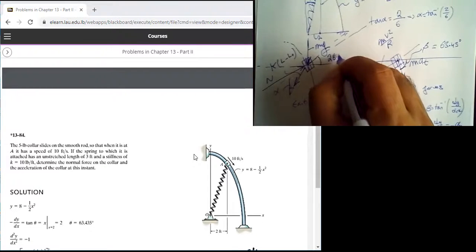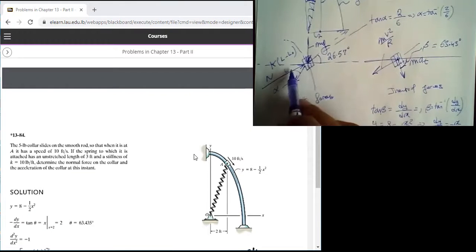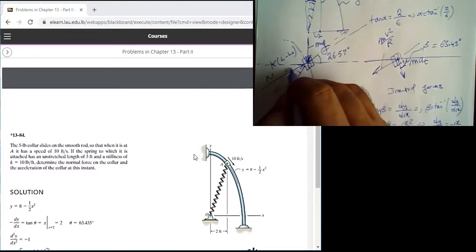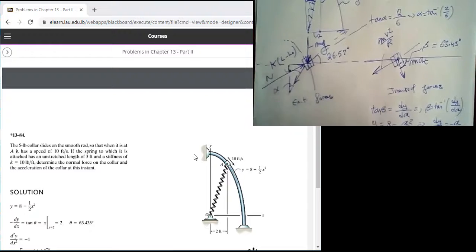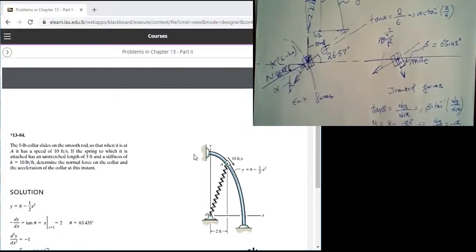Yep. So now we have this angle. How about this angle? What is that angle here? It's the same, exactly. So this angle right here is also 26.57. Okay, good. So now we're closing out on all the angles.